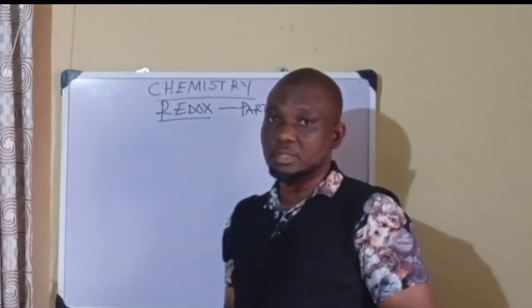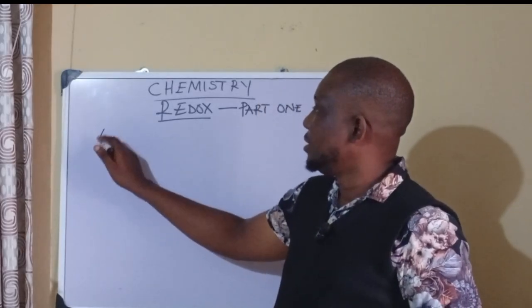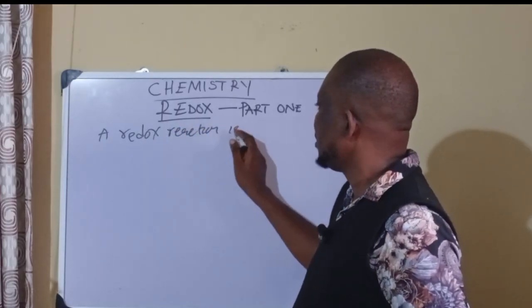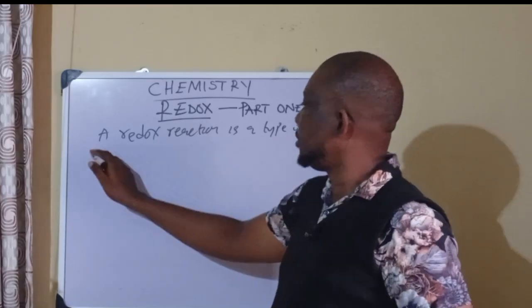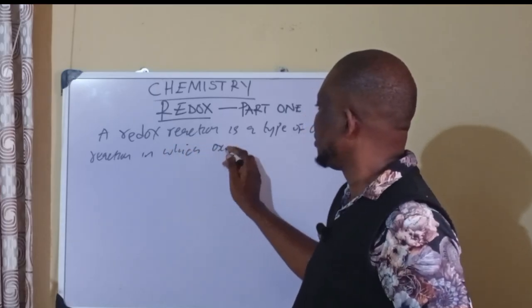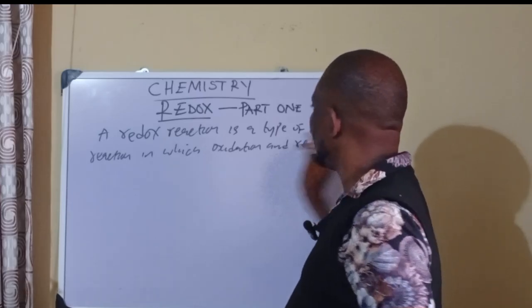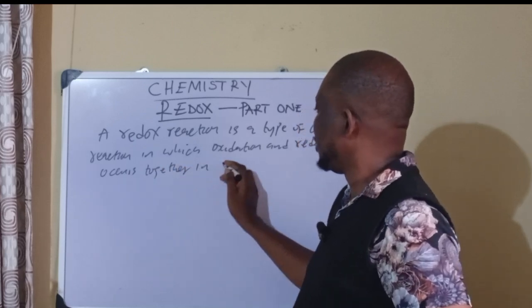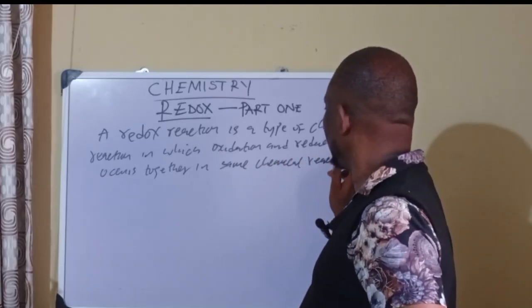So first thing first, we're going to start with the definition of redox reaction. Very simple. A redox reaction is a type of chemical reaction in which oxidation and reduction occur together in the same chemical reaction.